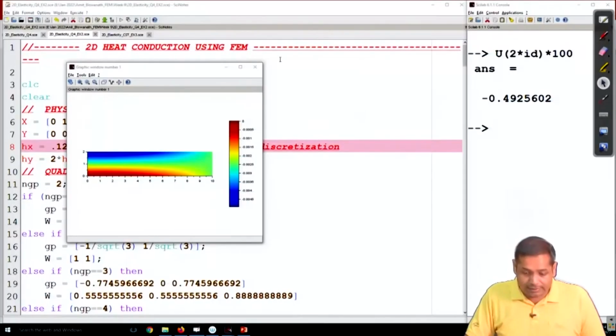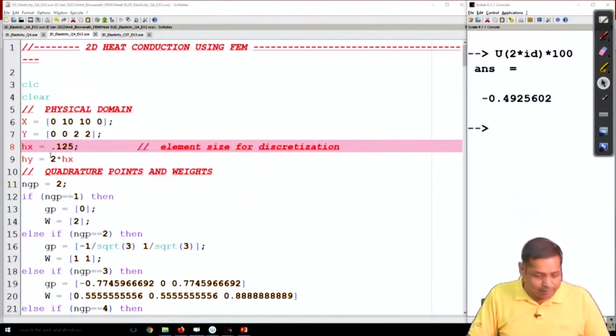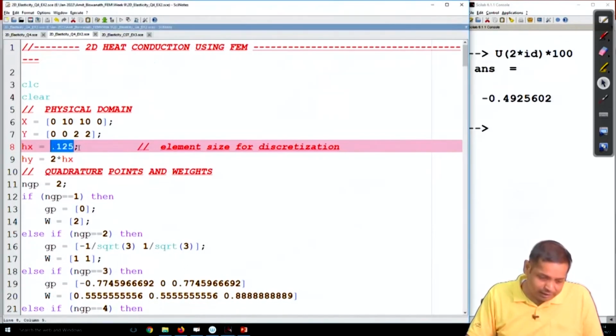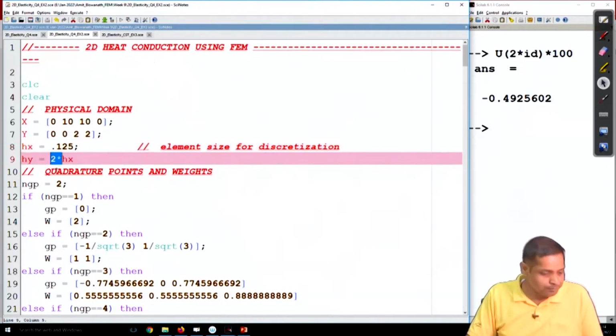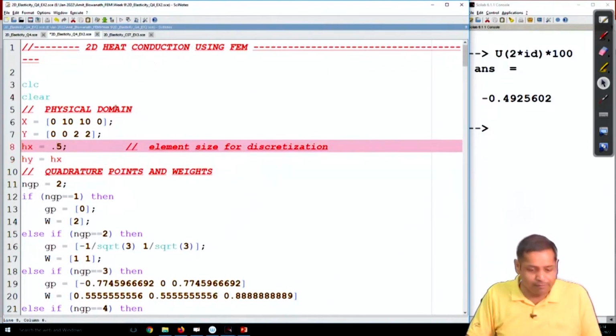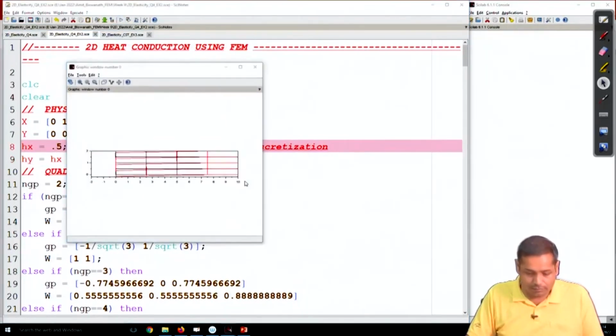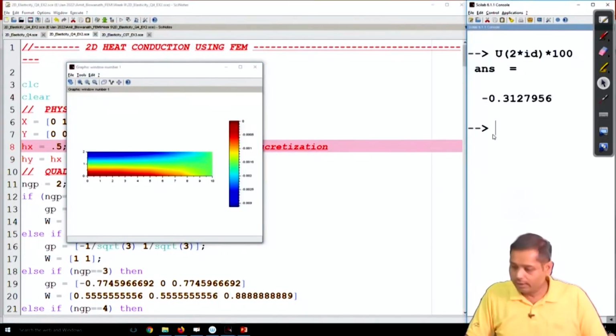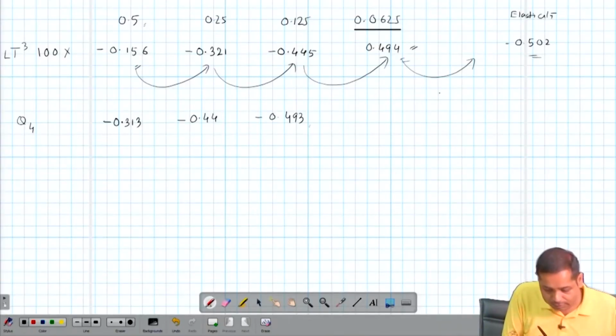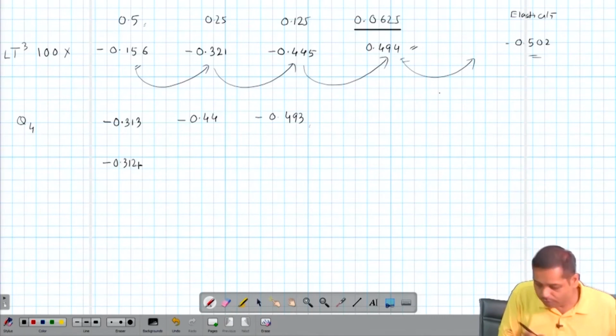Now let us discretize. Here you see our discretization was like this: in the X direction, the number of divisions is double the number of divisions in the Y direction. Let us make it the same and check the result with 0.5. This is minus 0.312.